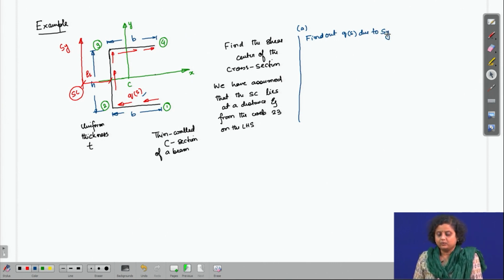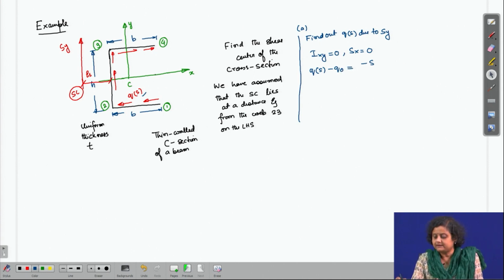We know that for this particular symmetric cross section, Ixy is going to be 0, Sx is equal to 0. If we substitute all these criteria into the expression that we have, we can say that Qs minus Q0, every other term is going to be 0.